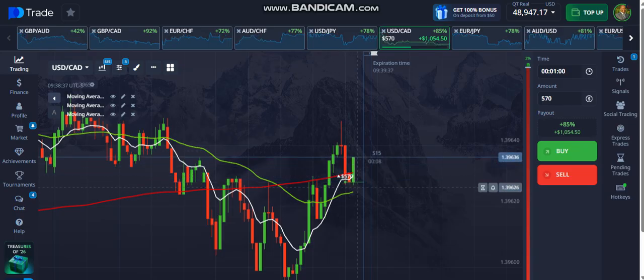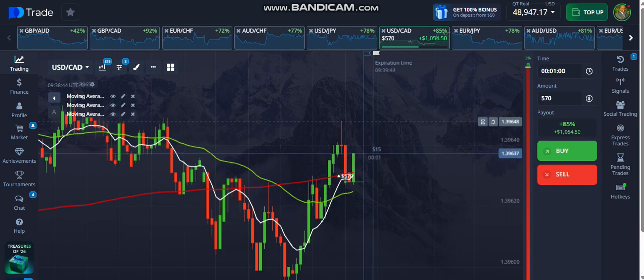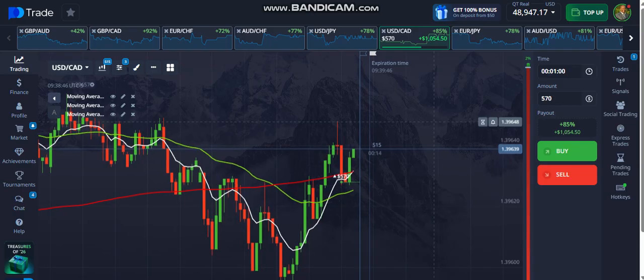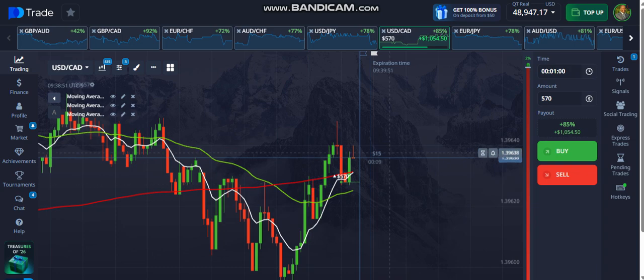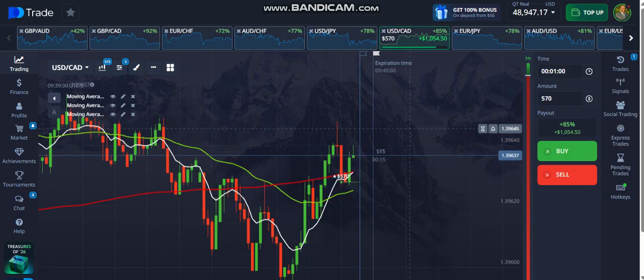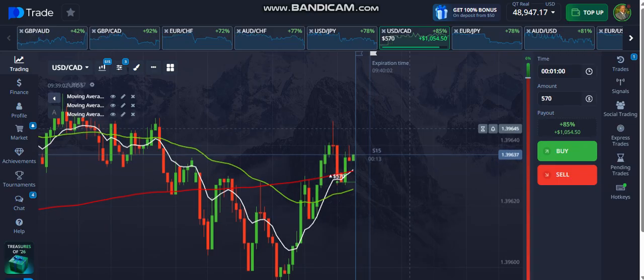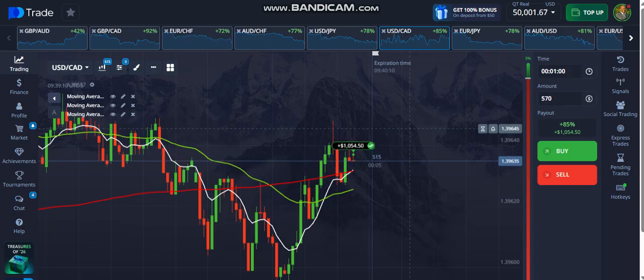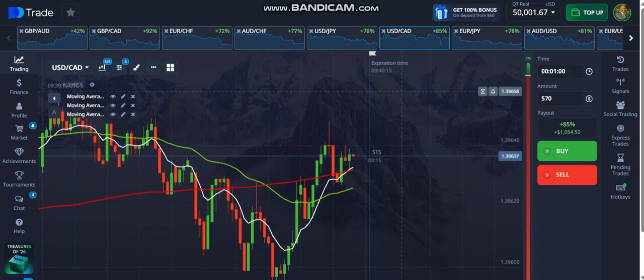In addition to that, you see there's the red line, which is the 200 SMA, is showing an upward trend, a bullish trend, which is a confirmation that the price will continue in an upward direction, a bullish direction. And so this trade looks good. Let's wait for the expiry. Okay, good. We won that trade. All right, so let me pause the video and look for another setup.